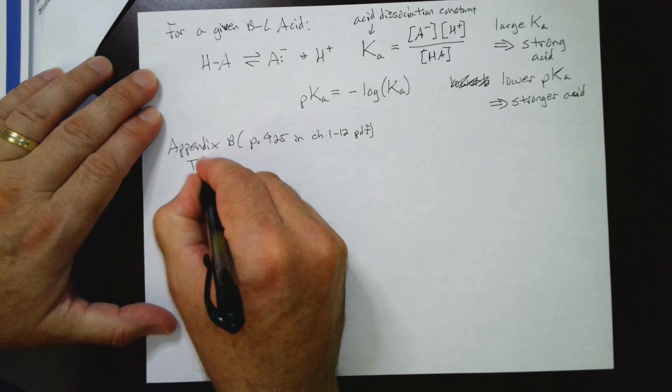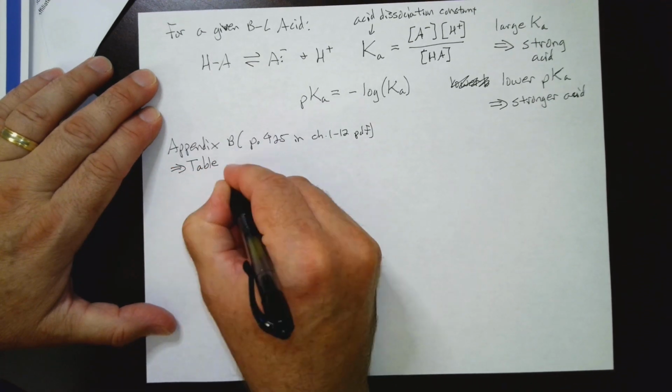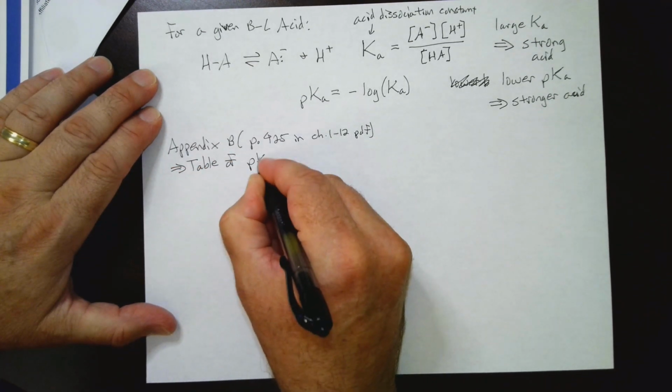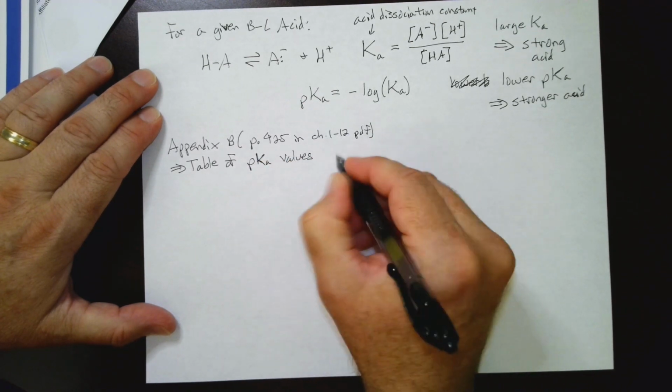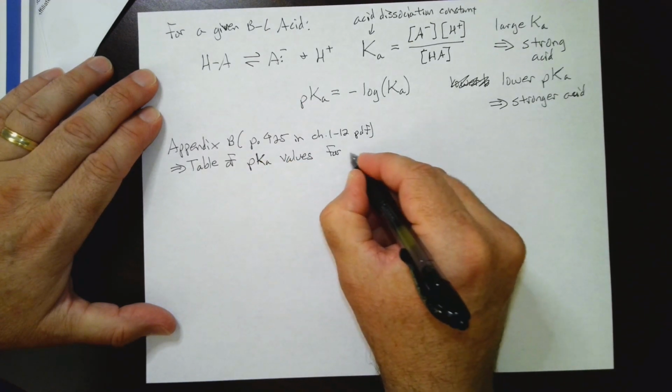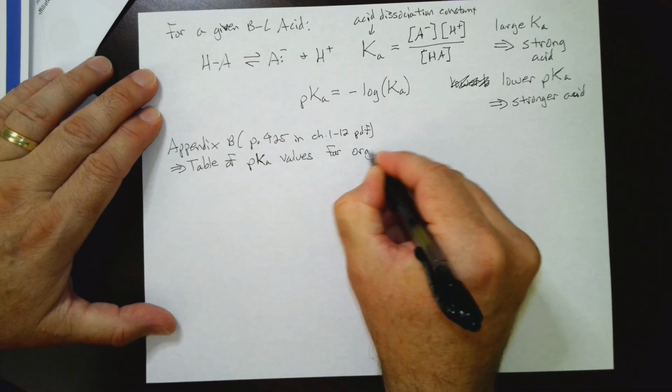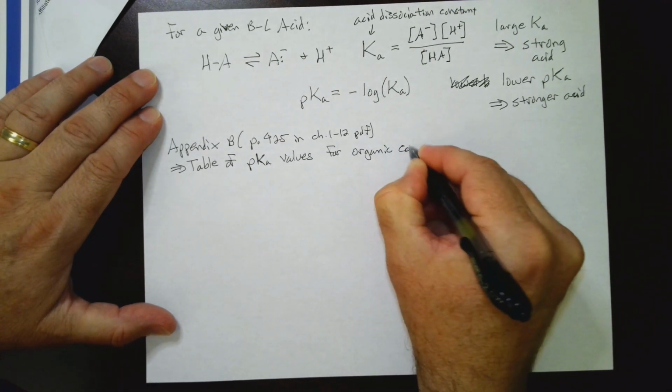And it's a table of pKa values for organic compounds.